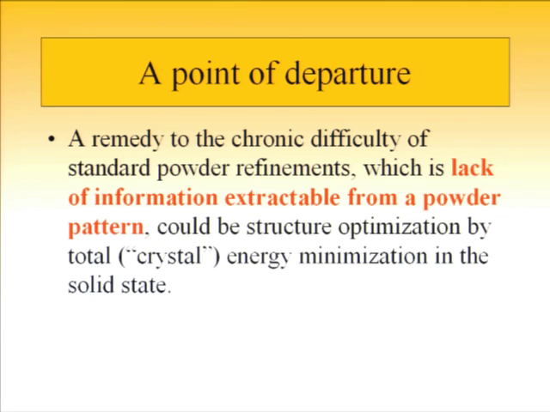So what to do with this problem? The idea is to use structure optimization by total energy minimization in a solid state. Sometimes it is called crystal energy. I wonder which term is correct, but I think that total energy is more general than crystal, because you can optimize a big cluster simulating something amorphous.